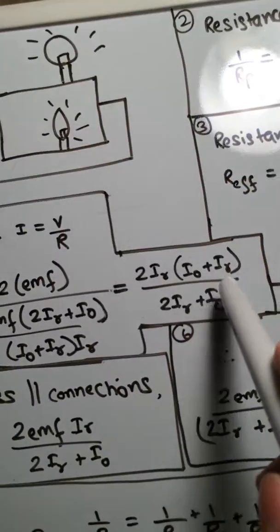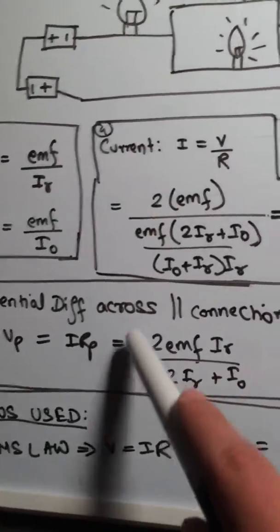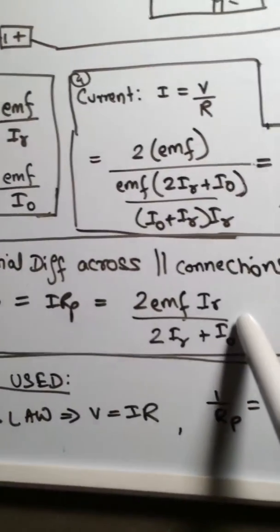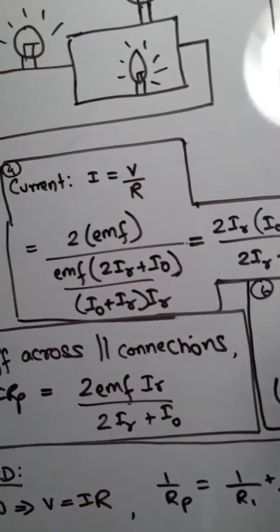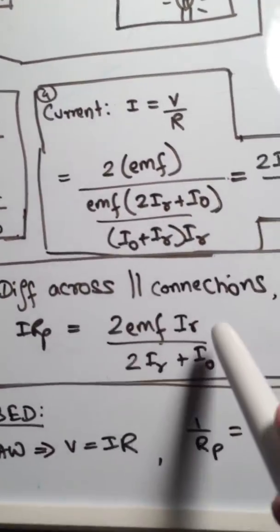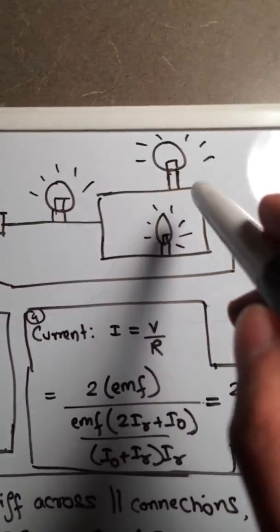So this is the current that we use, and RP, which we calculated in step 2, and we get this value since the EMFs cancel out.